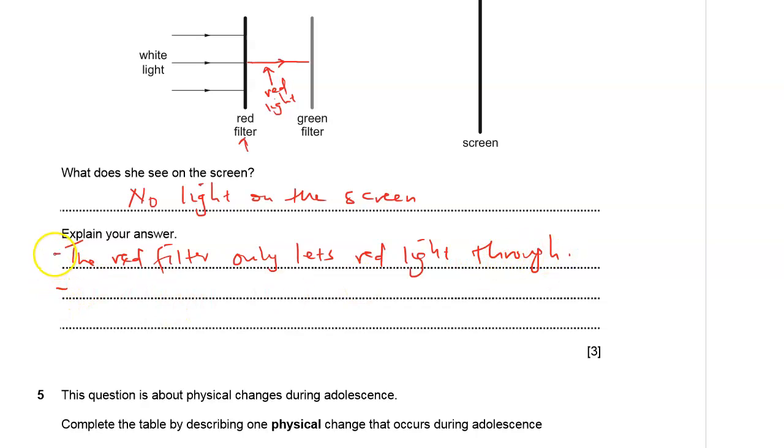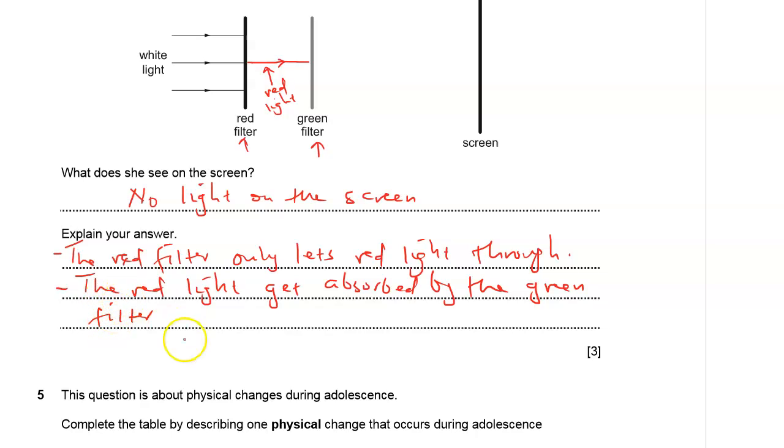So when the red light gets to the green filter, this one here, the red light is absorbed. The red light gets absorbed by the green filter. So no light reaches the screen.